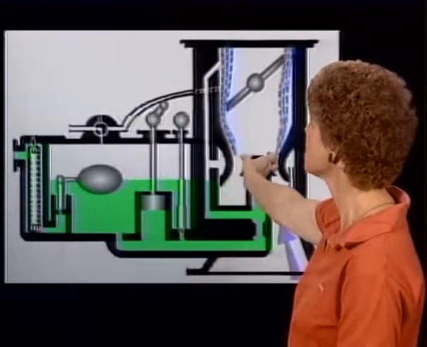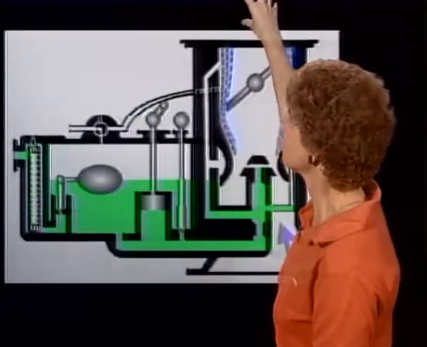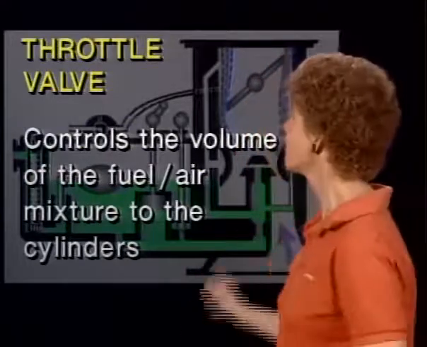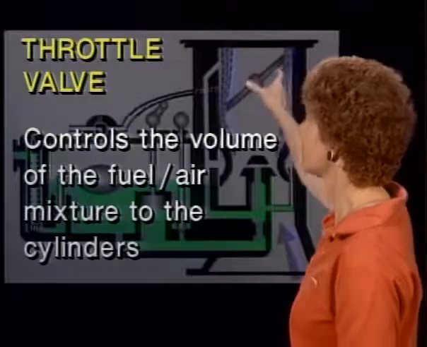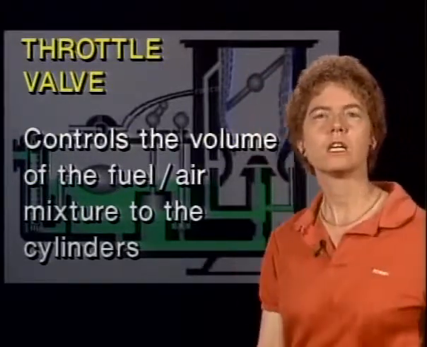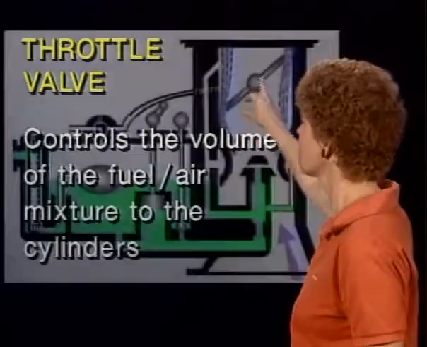Here's the venturi, which is the narrow part of the throttle body, and the engine is up here on the other side. The throttle valve is what controls the volume of the fuel-air mixture to the cylinders. The more open that throttle valve is, the more air and fuel mixture can get into the cylinders. When you close it, very little can get in. So the throttle valve is what controls the volume of the fuel-air mixture to the cylinders.